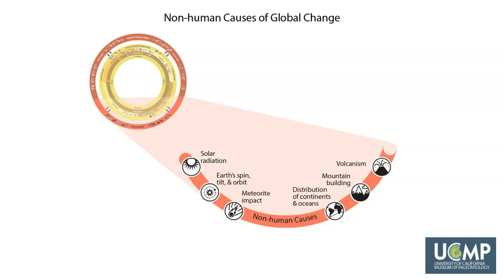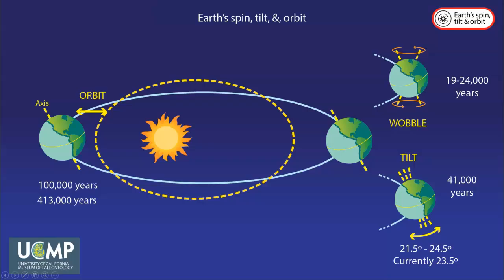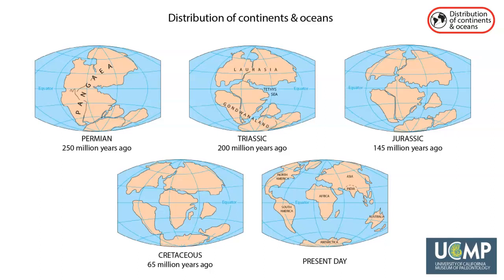And we have a couple of different non-human causes of change. Something that we've talked about here is Earth's orbit around the sun. We're not going to touch on that in this portion of the PowerPoint.